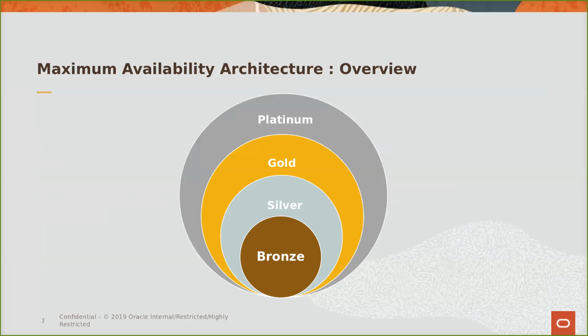Okay, so let's start with the concept of MAA, which is Oracle's best practice blueprint for customers to achieve optimal high availability, data protection, and disaster recovery at the lowest cost and complexity. This diagram on the screen shows the various tiers of MAA, starting at the most basic, which is bronze, and each level includes additional capabilities, but also includes the capabilities from the previous level.